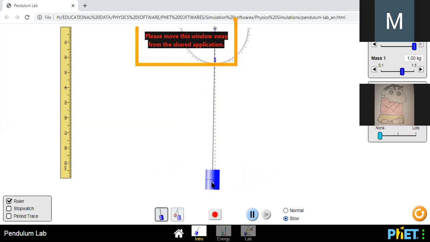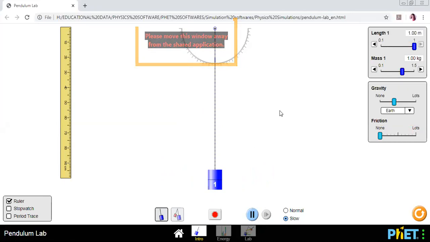First of all, we need to understand the terms. This is my point of suspension. This point where the arrow is shown, what is that, beta? That is the point of suspension.